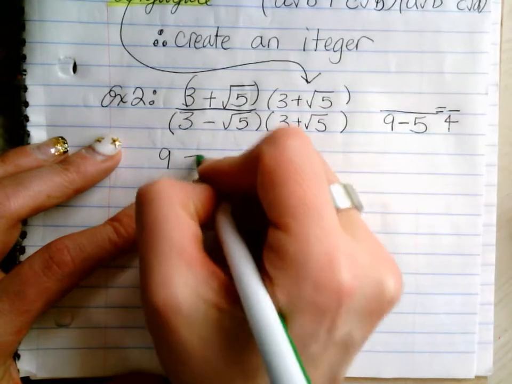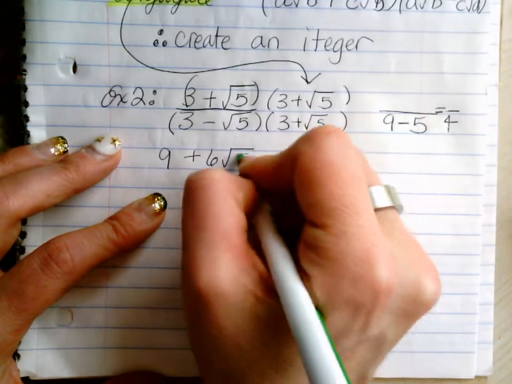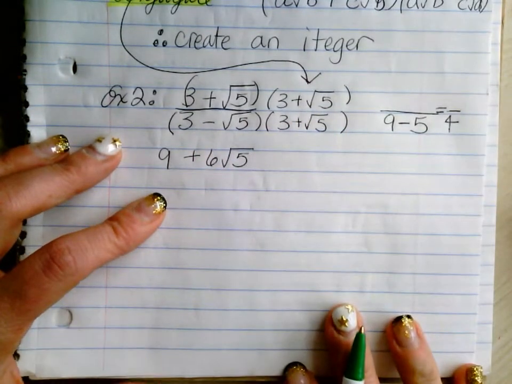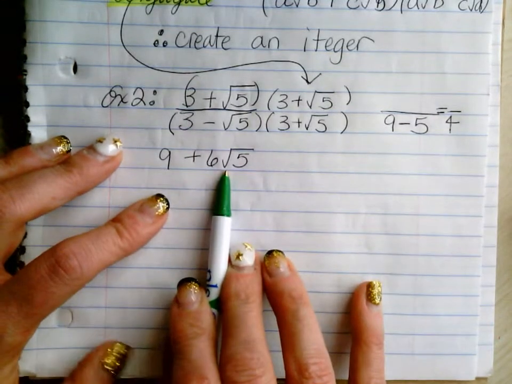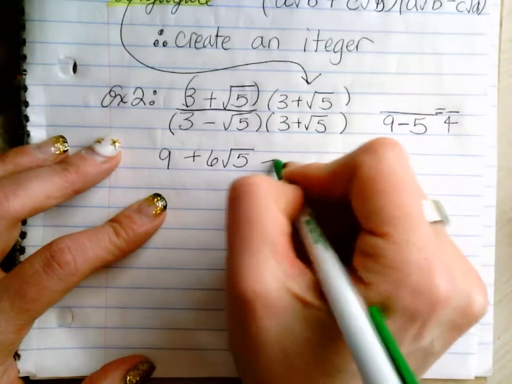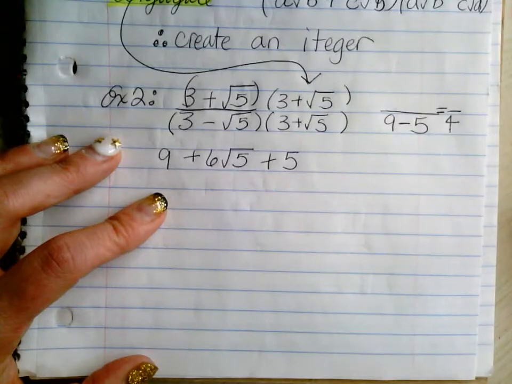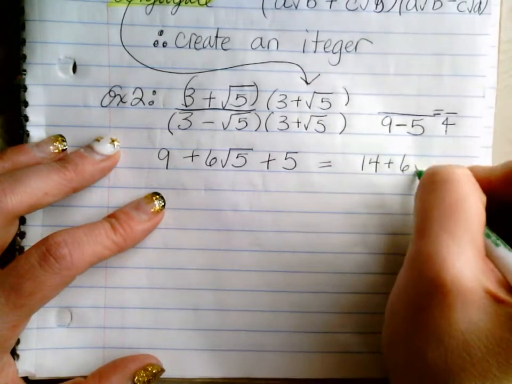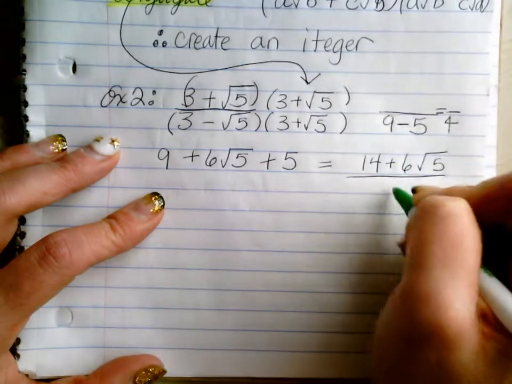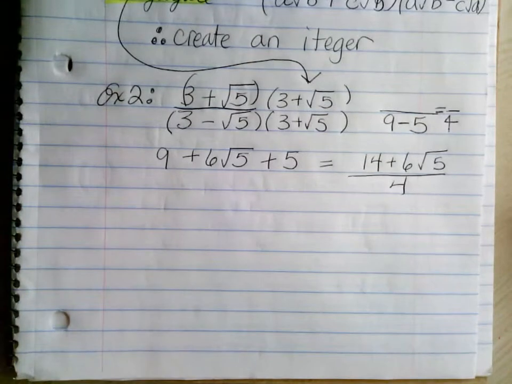Double it, 6 radical 5. And B squared, radical 25. So on the top, I have 14 plus 6 radical 5 over 4.